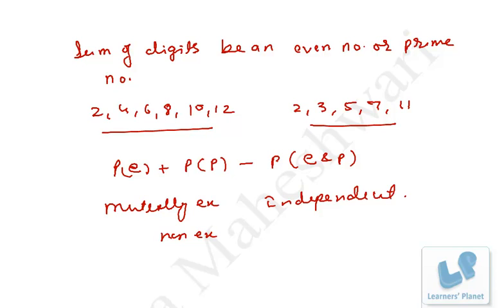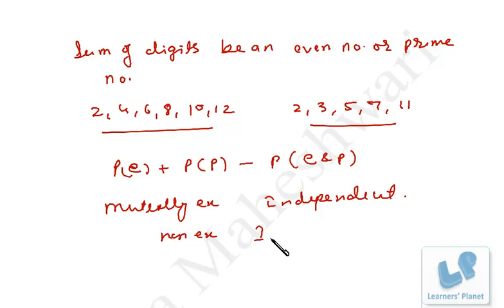Now suppose I just take the example of an independent event. Maybe in the first step, I'm throwing one dice only, right? And I want the number to be an even number, right? So when I throw the dice for the first time, I want the number to be an even number.